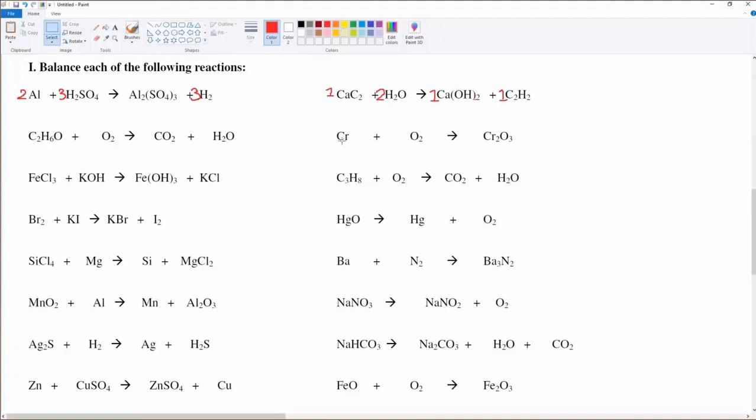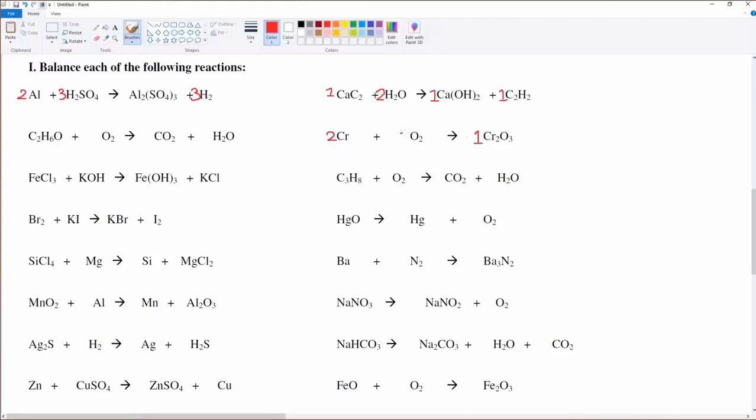Help me out with this one. Chromium plus oxygen gives me, what's that, chromium 3 oxide? Where shall I start? Okay, I'm going to need at least two chromiums. Okay, for the chromiums on the right, if I have one of those. Now what?